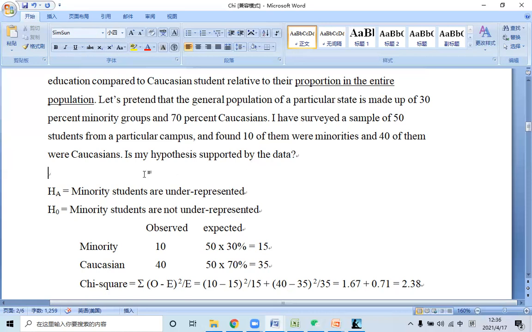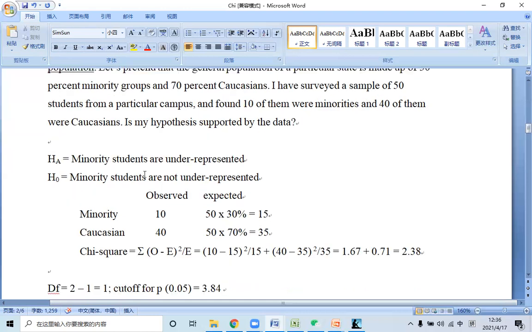First, let's look at what hypotheses we are trying to test. We have a research hypothesis, which is also called the alternative hypothesis. This hypothesis says minority students are underrepresented.